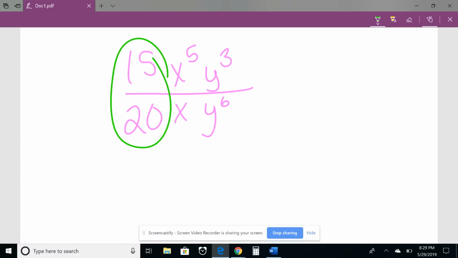In this case, 20 doesn't go into 15, so we have to reduce it.